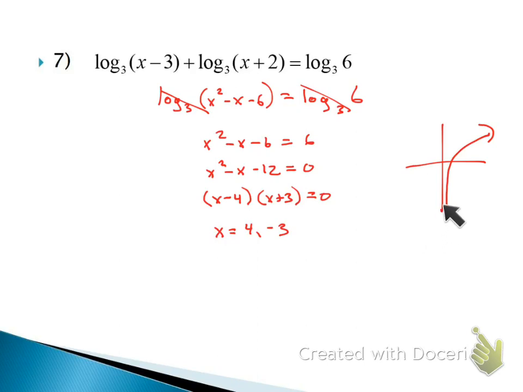All x values greater than 0. It can't equal 0, and obviously it can't be negative. If I plug in negative 3 right here, what's negative 3 minus 3? Negative 6. Remember, you can't have a log of a negative value. So negative 3 is an extraneous solution. It's no good. Only x equals 4. Can you follow that? Okay, let's keep it going.